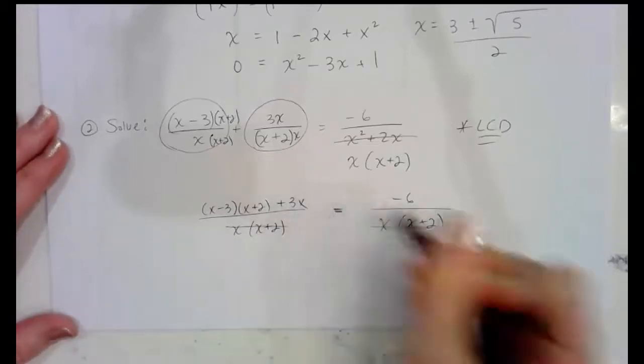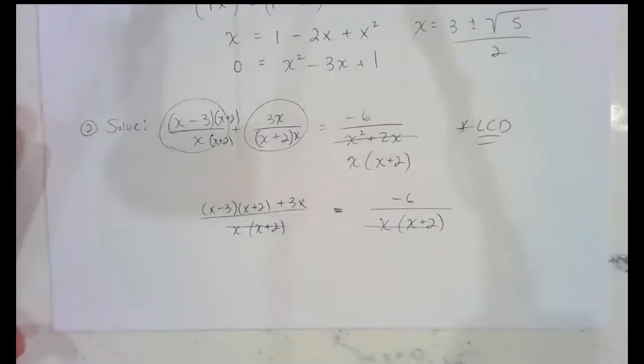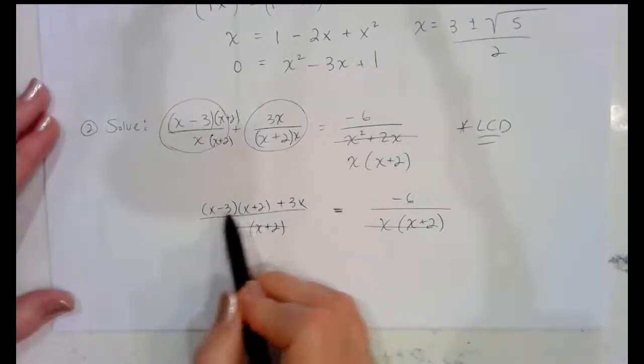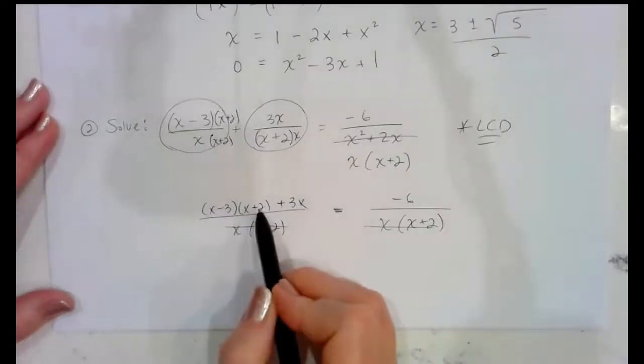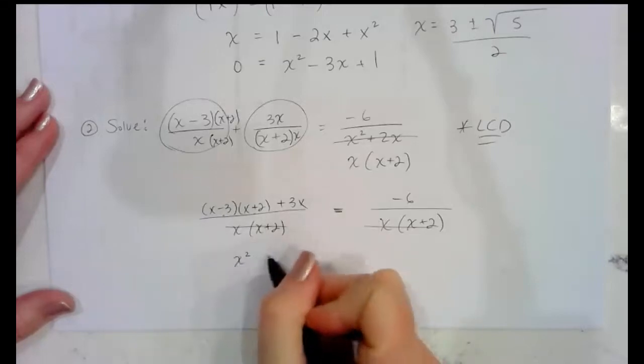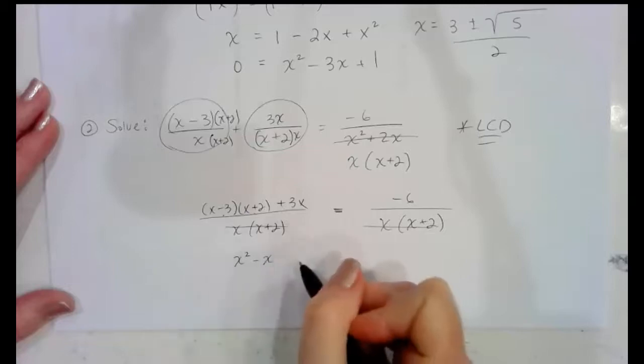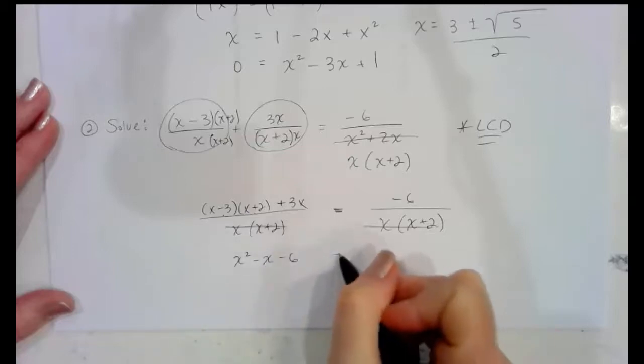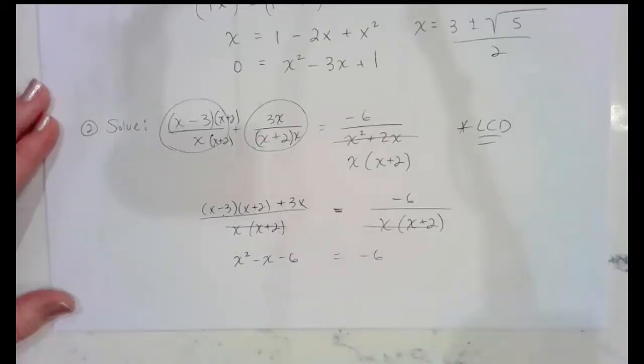Because once we've got like denominators, all we have to do is compare the numerators by the one-to-one property. So follow order of operations and multiply here first. x minus 3 times x plus 2 is x squared minus x minus 6 equals negative 6.